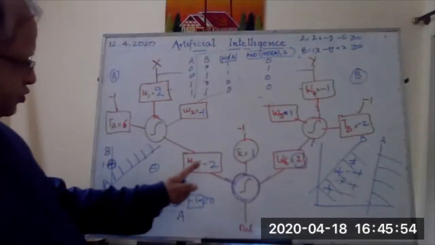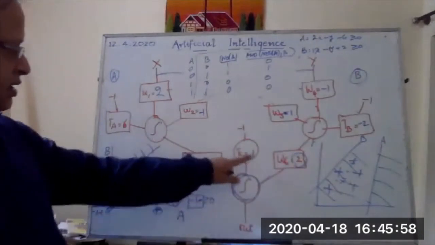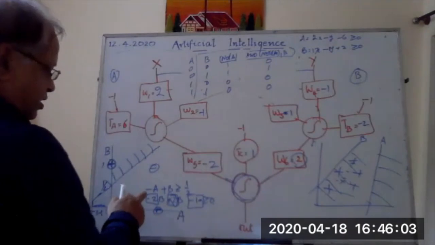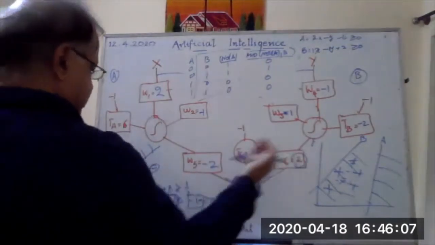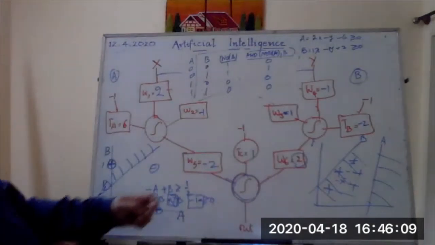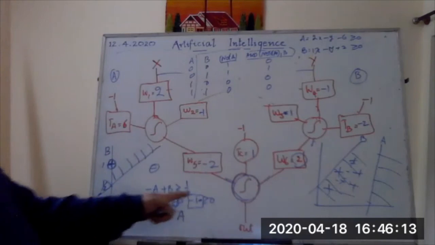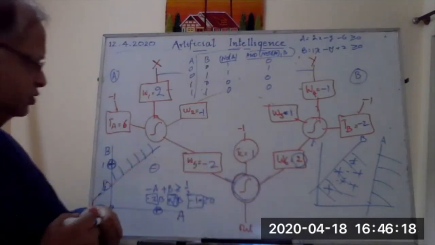So minus 2 will be W5, plus 2 will be W6, and this will be in this fashion, or it could be minus 1 also, but this is plus 2, this is already set, so this is the solution that needs to be appropriately set, or this could be half, 2 and minus 1. So there are two solutions to this.